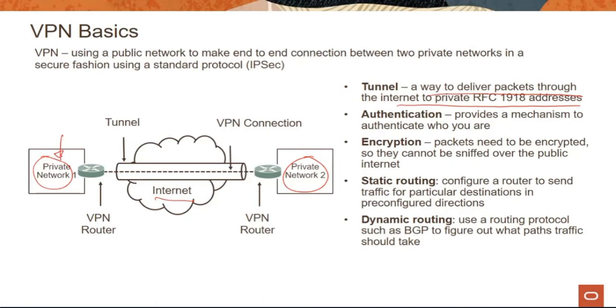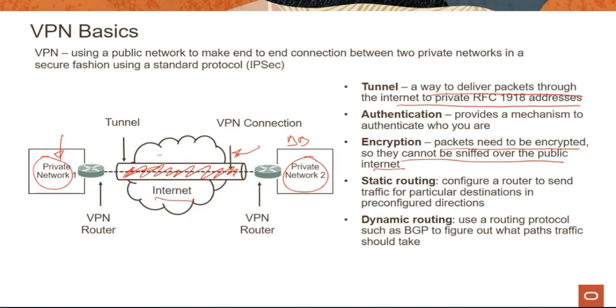There is authentication, where basically you have to authenticate who you are. The really important piece here is encryption. Packets need to be encrypted so they cannot be sniffed over the public internet. So the packets can come unencrypted here, but right as they enter this tunnel, they are encrypted over this tunnel. And there are two different kinds of routing which are supported here.